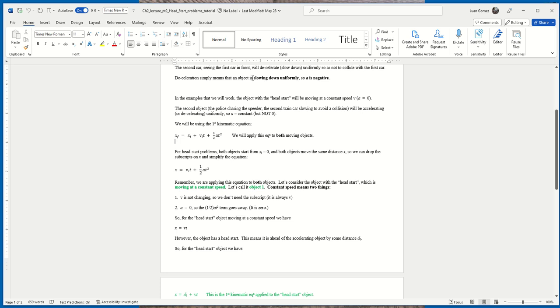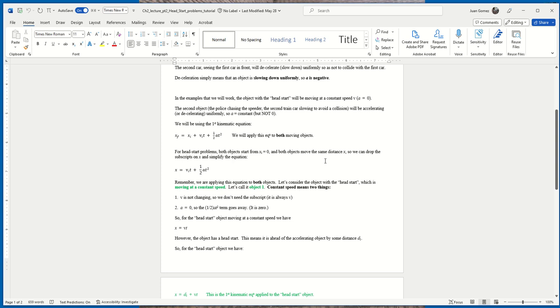For the head start problems, both objects will start from an initial position of 0. So xi goes away. And so we don't need an xf. We just say the distance that each object travels is x, and it's going to be vit plus 1 half a t squared. Now remember, a could be positive or negative.